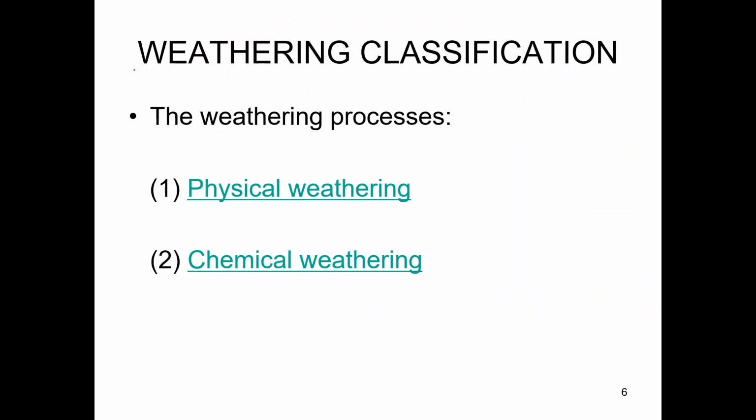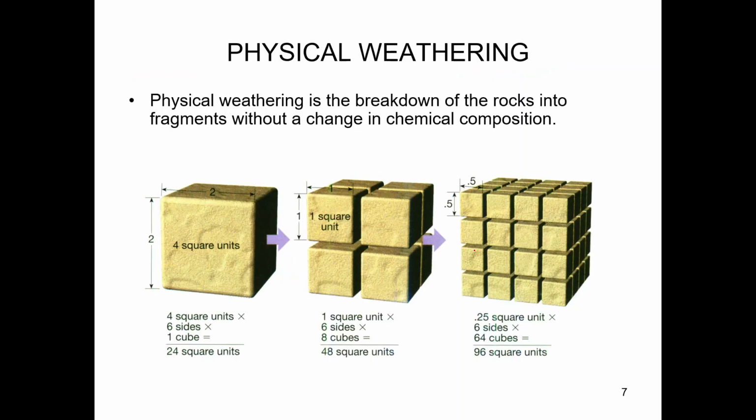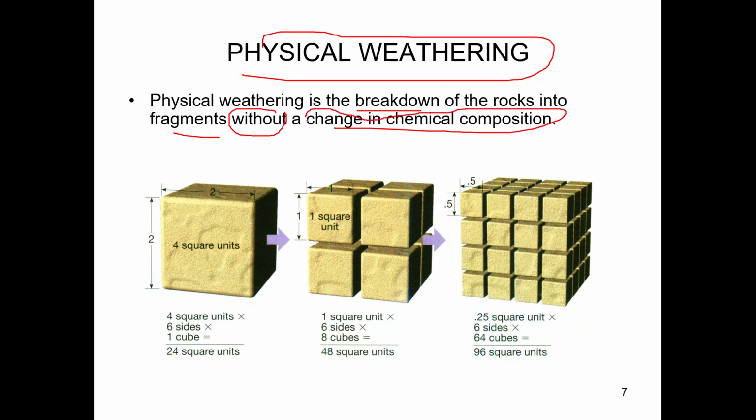So we can classify weathering into two, which is physical weathering and chemical weathering. Physical weathering is the breakdown of the rocks into fragments without any change in chemical composition, meaning they remain in the same chemical formula.